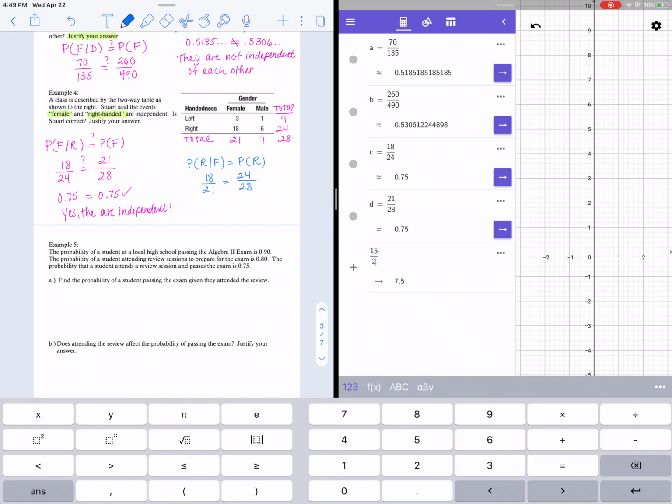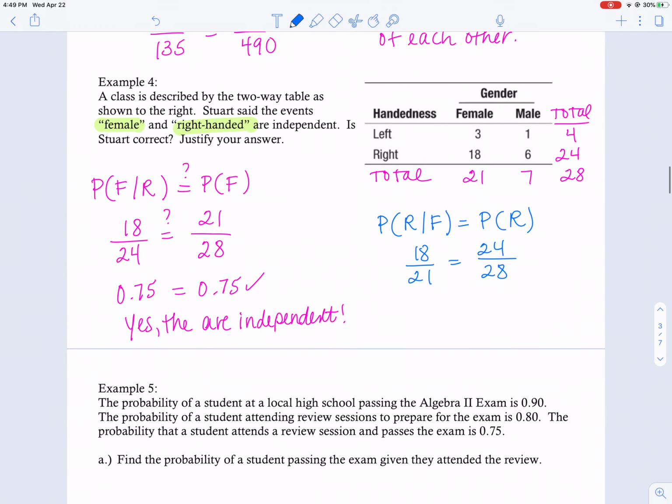So is 18 out of 21, approximately 0.85, about 85, 86%, equivalent to 24 out of 28? Yup, jackpot. It's about 0.857. So I just want you to see that 0.857 is equal to that same number.